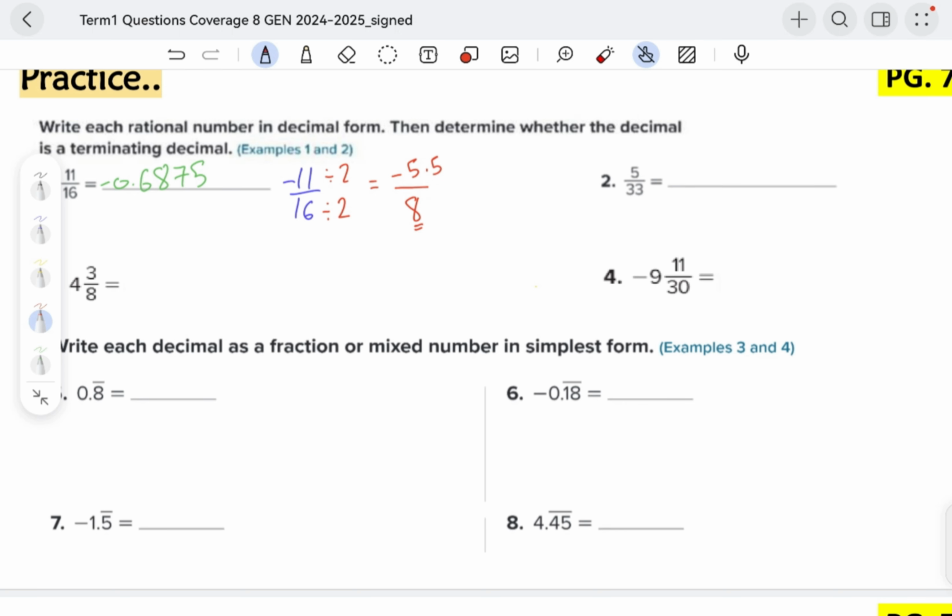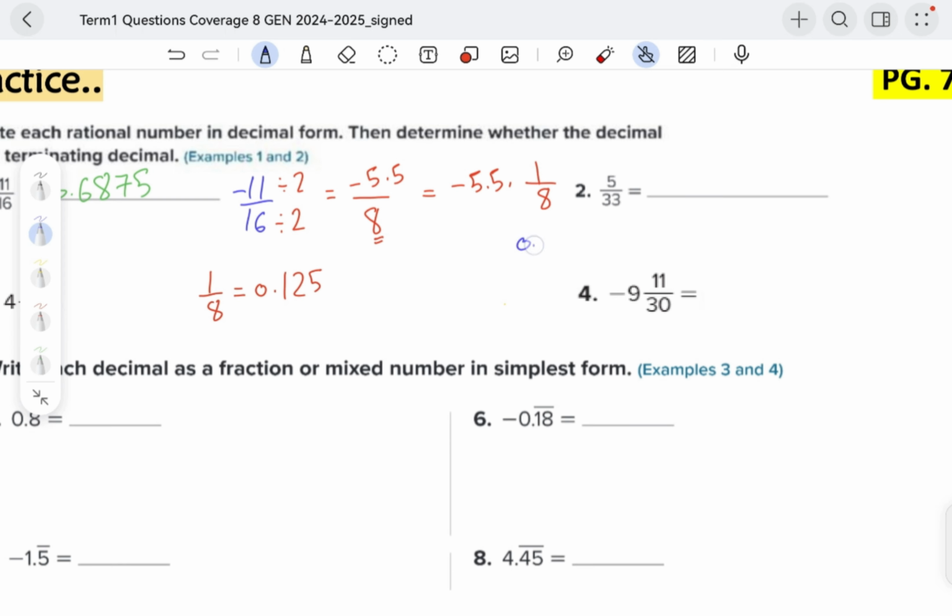We know from the previous table that 1 out of 8 is 0.125. Now we don't have 1 out of 8, we have negative 5.5 out of 8. So this can be written as negative 5.5 times 1 out of 8. The 1 out of 8 is 0.125 multiplied by negative 5.5. You will get the same answer. You can try it.